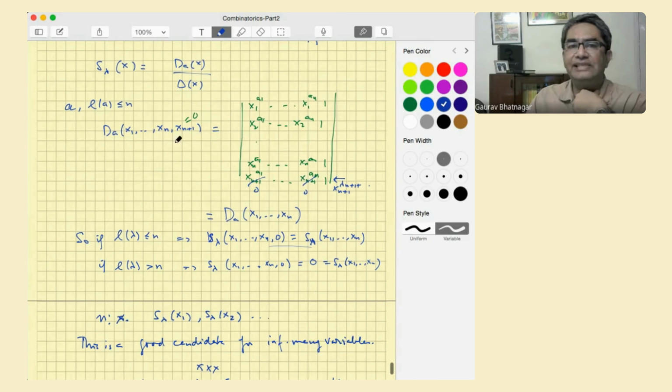So if the length of A is less than n, then the last entry you pad is 0 for A. So A n plus 1 will be 0.